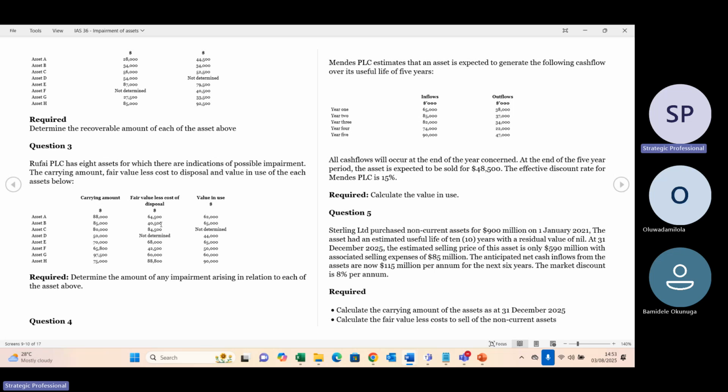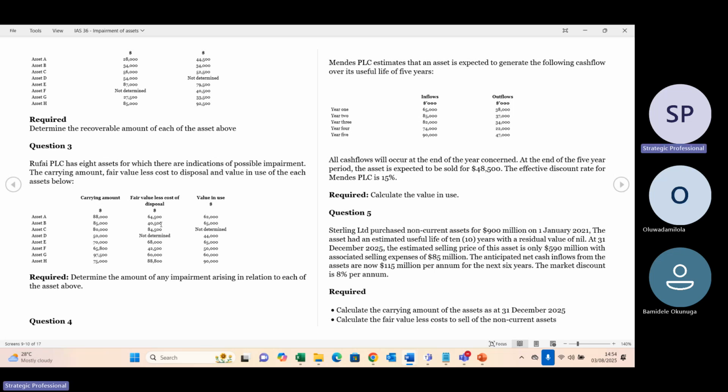In deriving their recoverable amount, it is usually the higher of fair value less cost to sell and value in use. Fair value less cost to sell, I just explained. Fair value is just the market value of an asset, while cost to sell is the estimated cost we incur in selling that asset. Then value in use, on the other hand, means that if I decide to use this asset that we are saying has impaired, how much would I make from that asset in future?